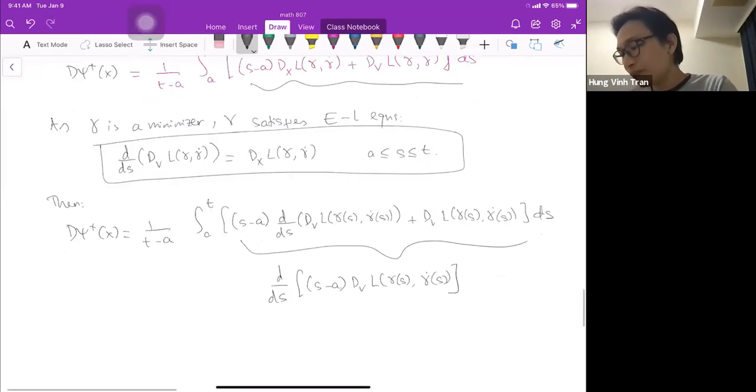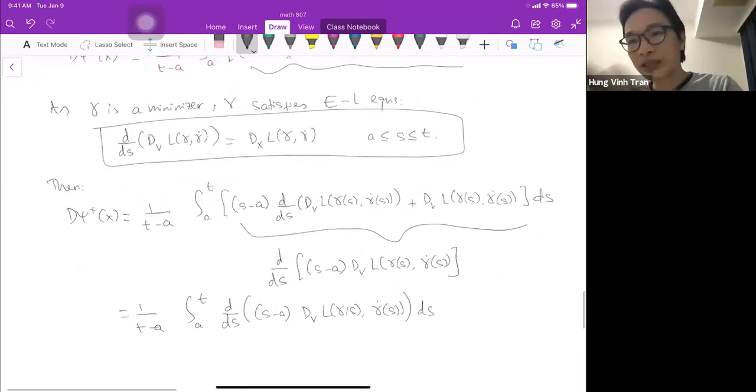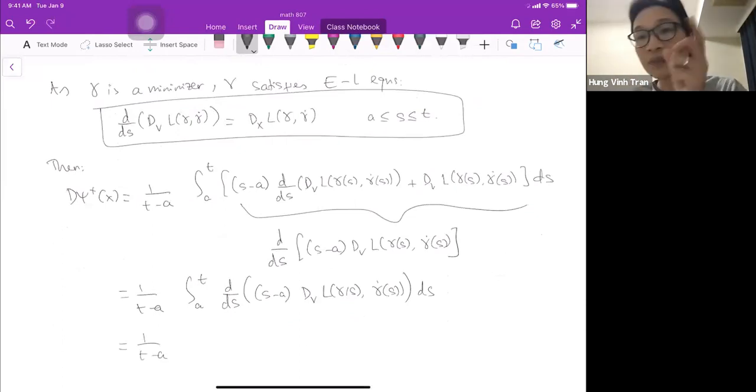And so, let's just write it down. It's 1 over t minus I integral from a to t of d over ds of (s minus I) dvL of gamma s, gamma dot s, ds. And now we are just using the fundamental theorem of calculus, right? So it equals 1 over t minus I times the difference of the two ends.